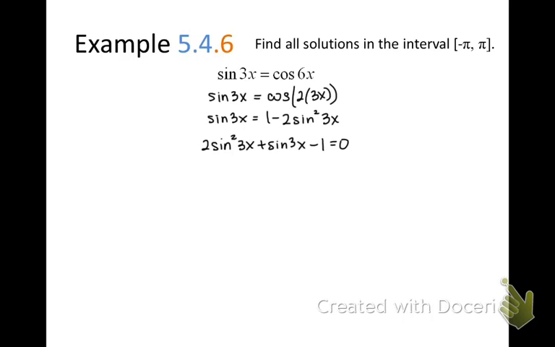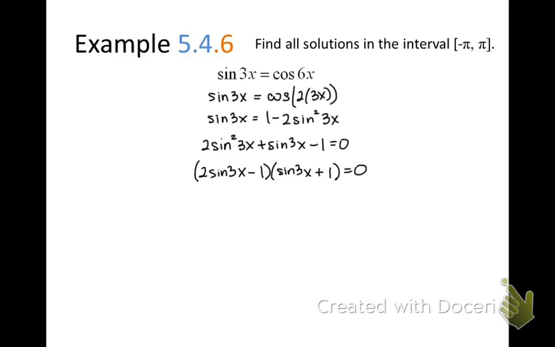So this is going to be 2 sine of 3x in one group. In my other group, I'm going to have just sine of 3x. I know that I need to multiply to 1, so I need 2 1s. I need to have a positive 1 sine of 3x in the middle. So I'm going to put the positive on my multiplication with the 2 right here and the minus here.